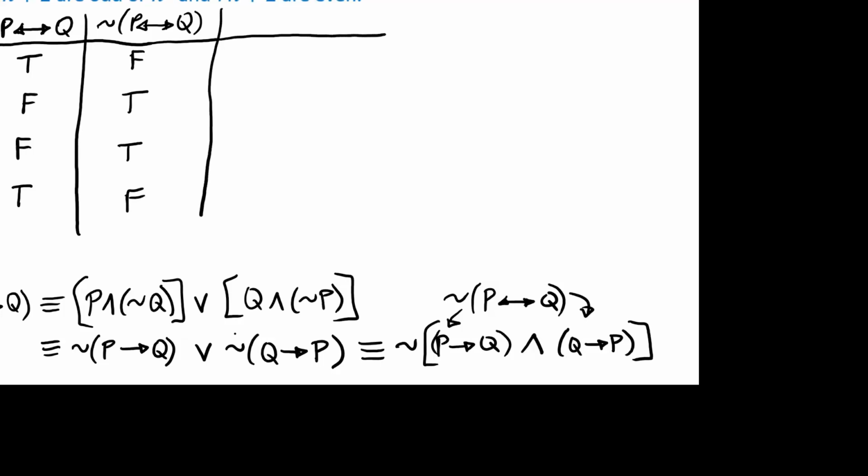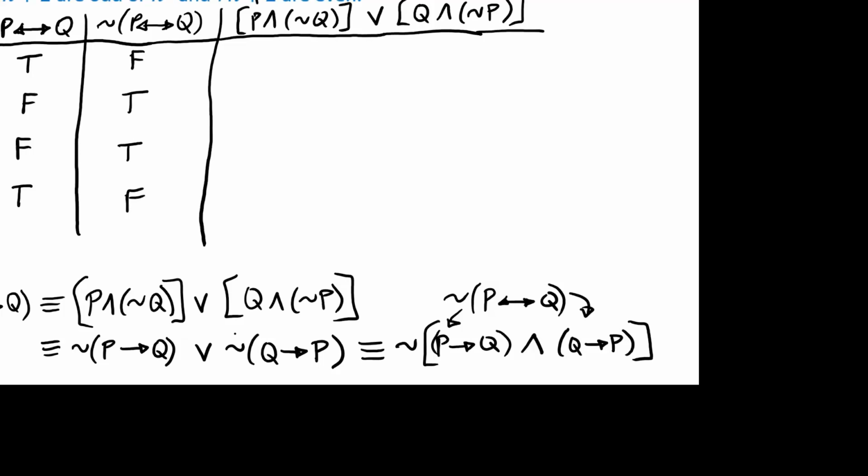Well, let's use a truth table to verify that what I'm saying is correct. I'm trying to see if this last column that I wrote here is equivalent to the statement P and not Q, or Q and not P. Here it would be helpful to number my columns in the order in which I do it. I'm not going to write a column for every little piece. I don't have enough space for that.